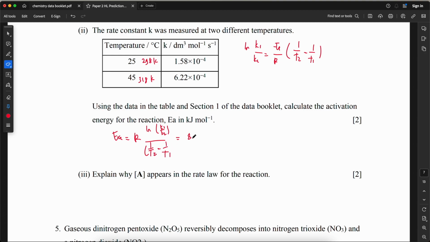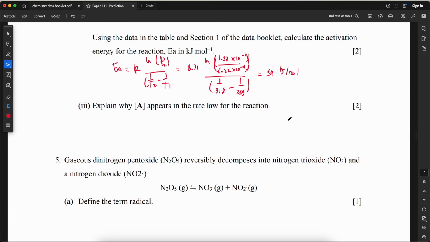So that would be 8.31 ln 1.58 times 10 to the power negative 4 divided by 6.22 times 10 to the power negative 4, divided by 1 over 318 minus 1 over 298, and you get 54 kilojoule per mole.